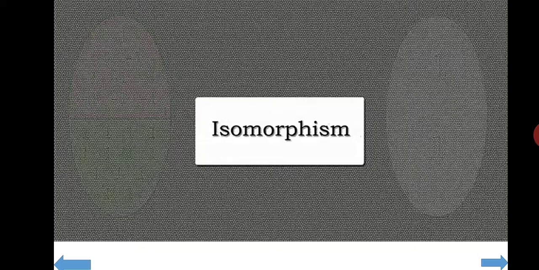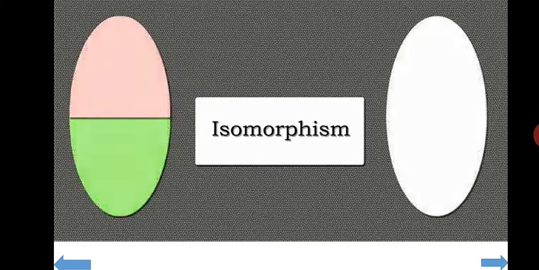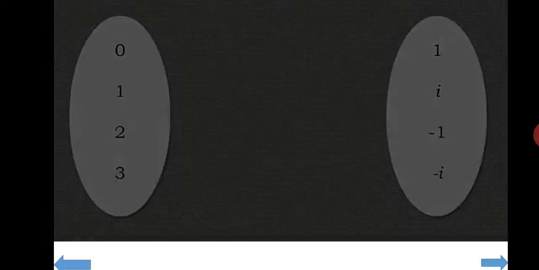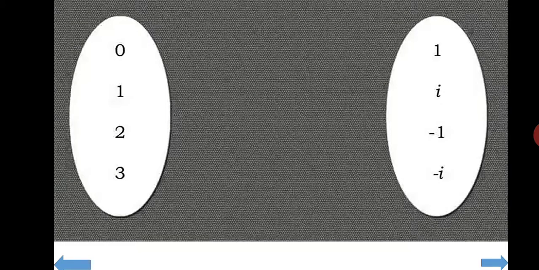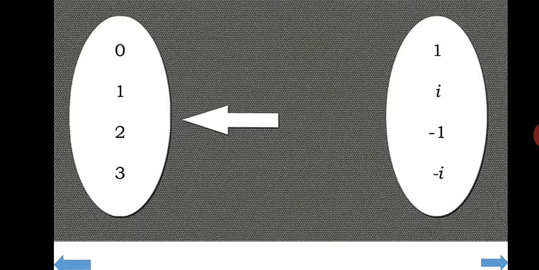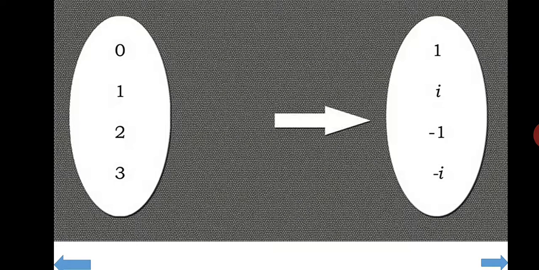An isomorphism, on the other hand, makes two completely different groups look exactly the same, literally carbon copies of each other. Let's take a look at an example. Let's take these two groups. The group on the left contains 0, 1, 2 and 3, while the group on the right contains 1, i, -1 and -i.